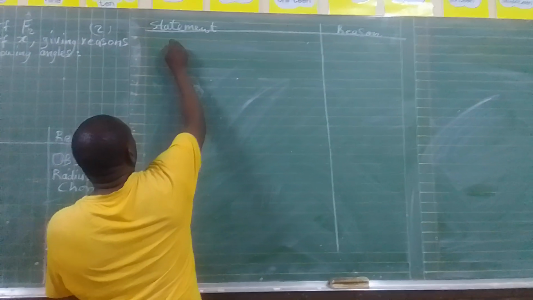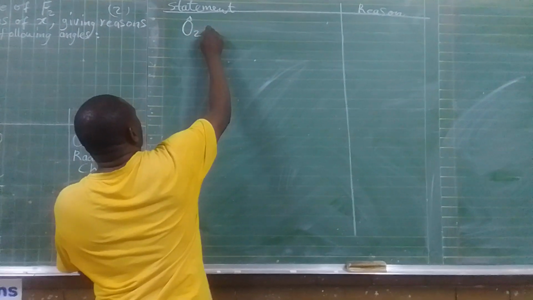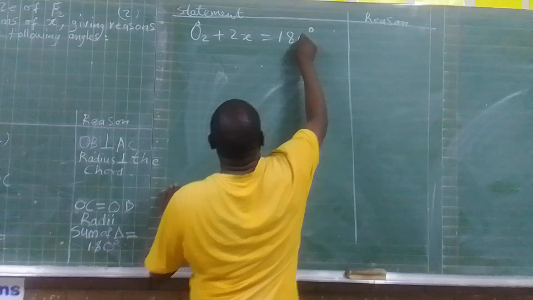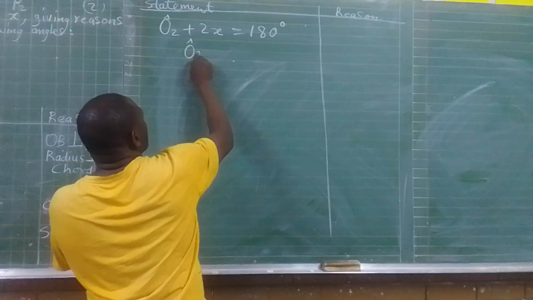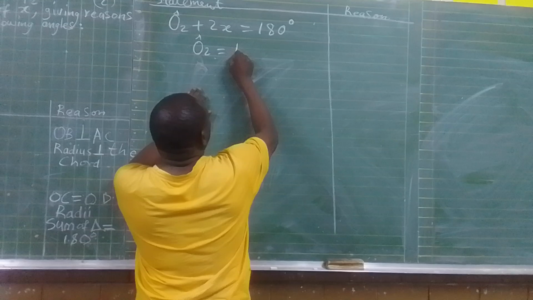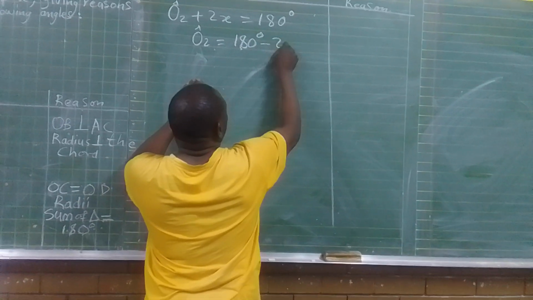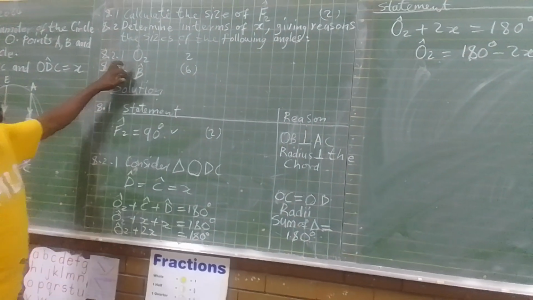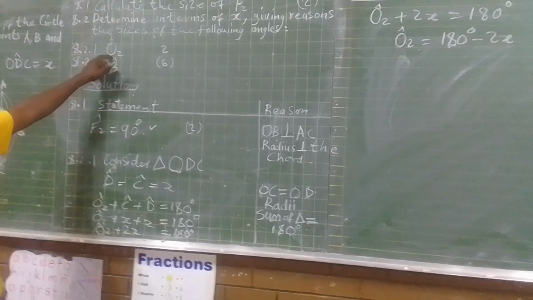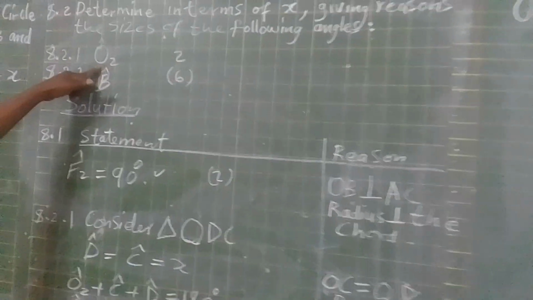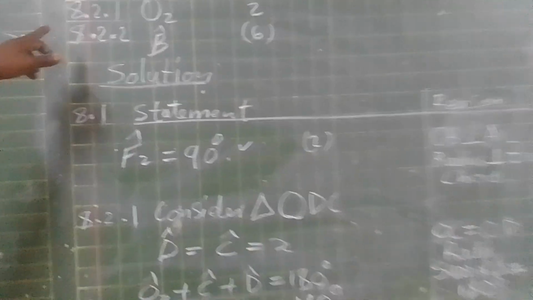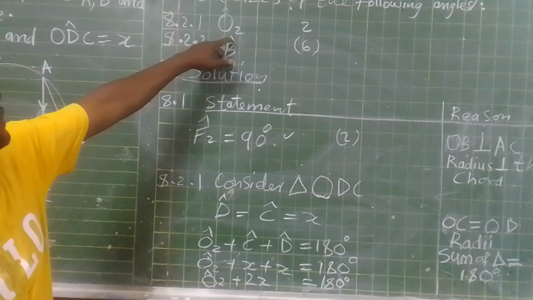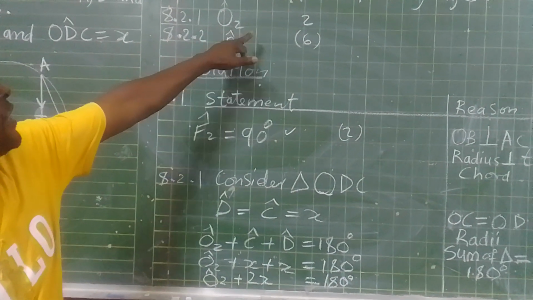We said O2 plus 2X is equal to 180 degrees. Then O2 is equal to 180 degrees minus 2X. Then we have expressed O2 in terms of X.